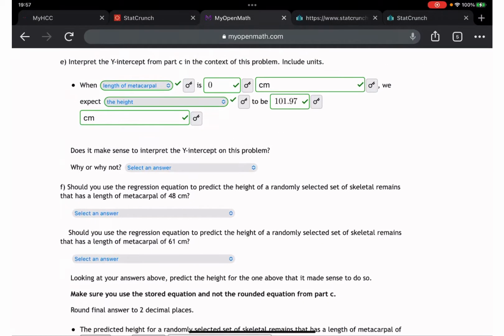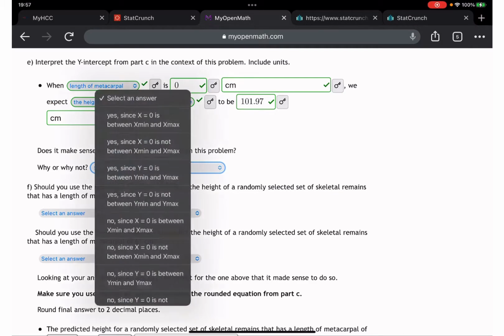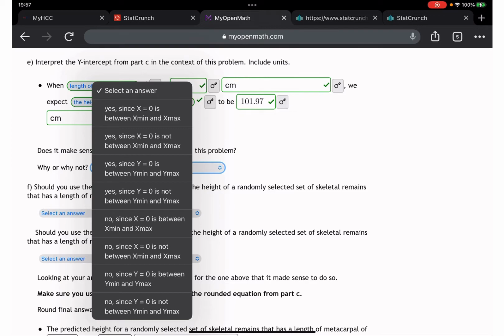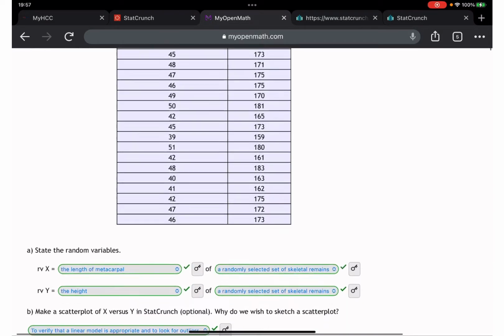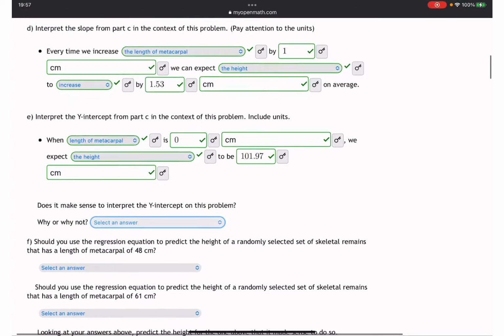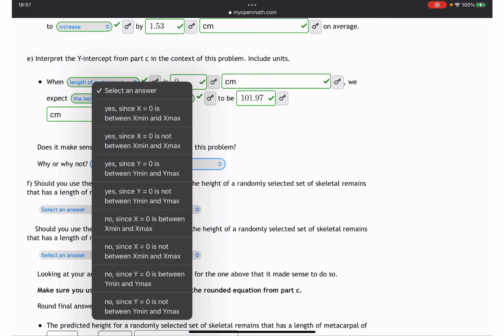Why or why not? Let's see our options. Yes, since x equal to 0 is between the x minimum and maximum. Do we have that? No, we have all positives. We don't have 0 there, falling in between.